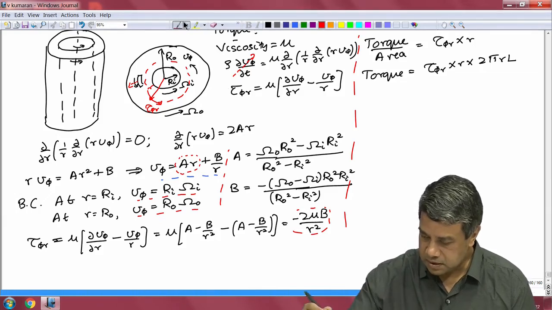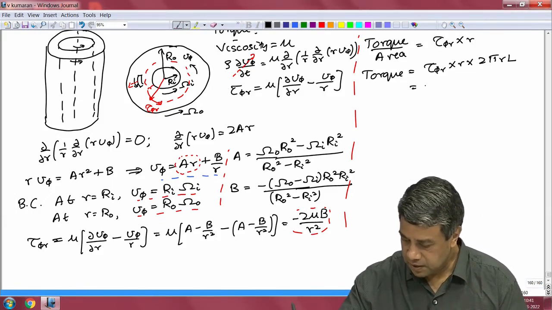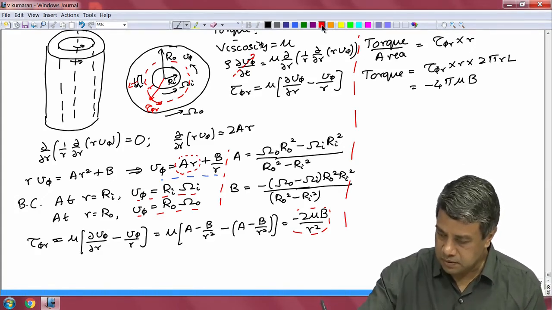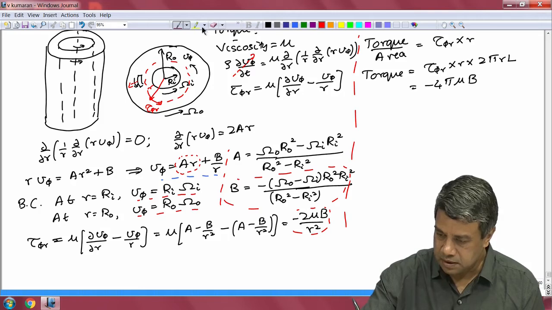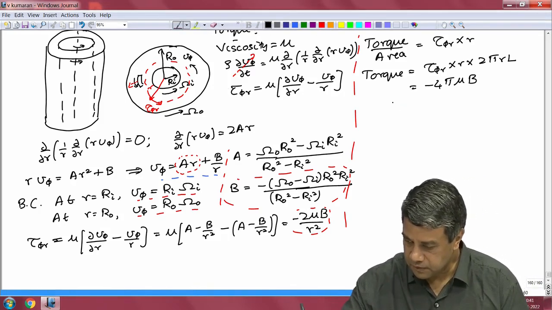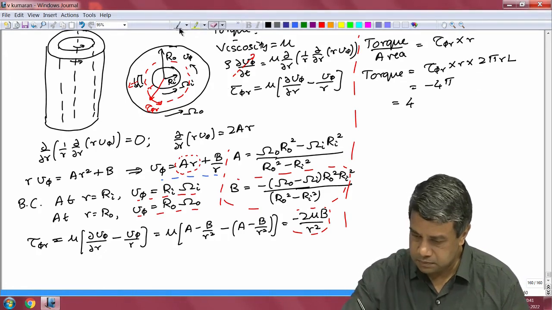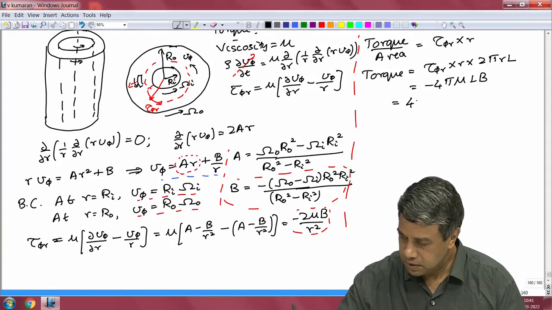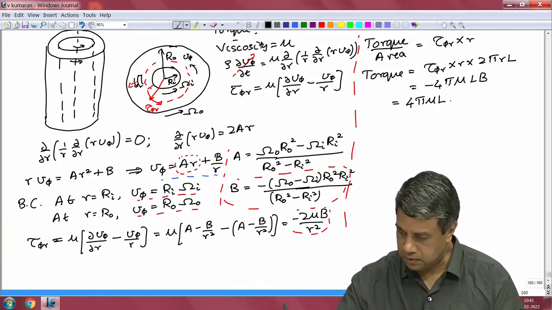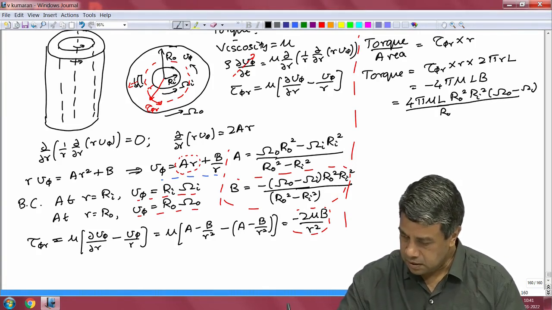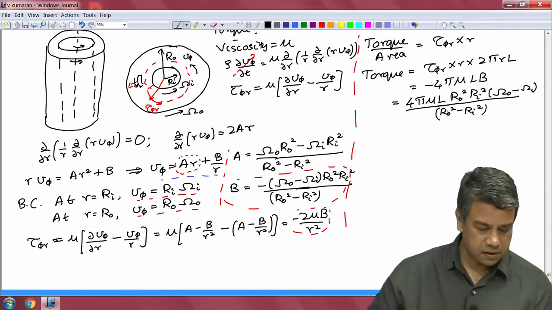So, the r square will cancel out and I will get minus 4 pi mu l times B. I substitute for this B from here, and I will get the torque as 4 pi mu l into r_o square r_i square into (omega_o minus omega_i) divided by (r_o square minus r_i square). That is the torque that is exerted.